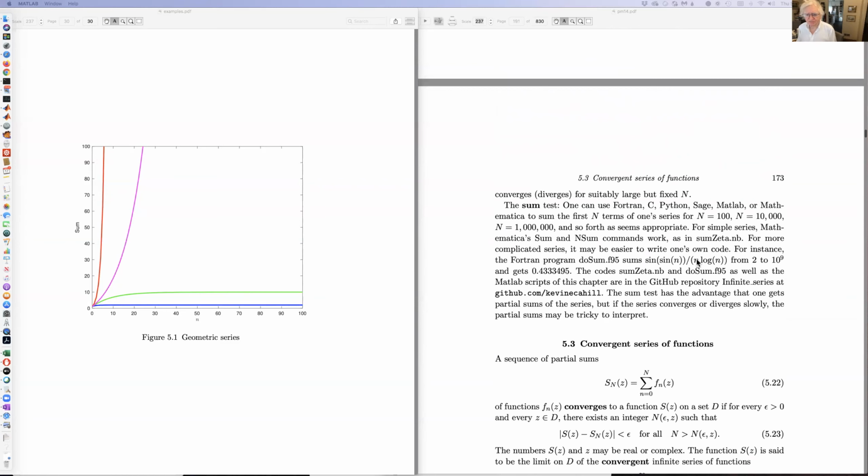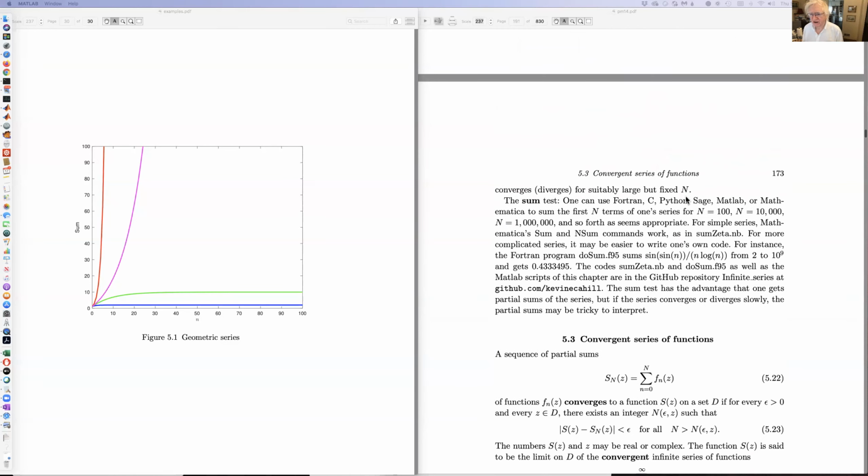And then, of course, what you can always do is you can use one of your numerical programs, either a programming language like Fortran or C, or a higher level language like Python or Sage or MATLAB or Mathematica, and you just sum the first n terms of the series and try n equal to 100 or 1,000 or 1,000,000 or whatever, and see what the thing looks like.